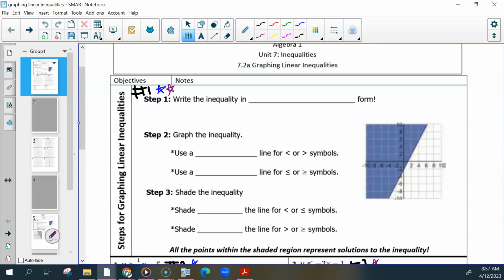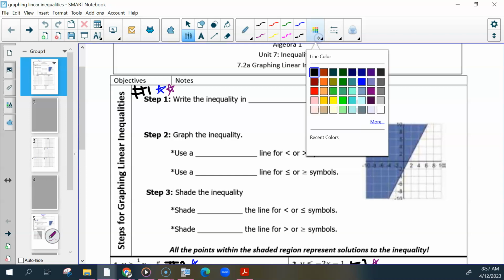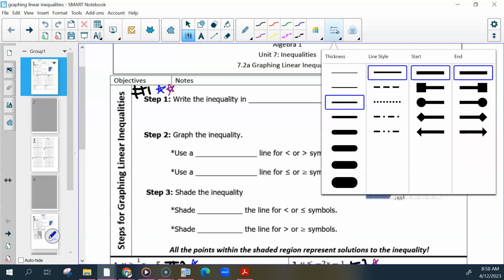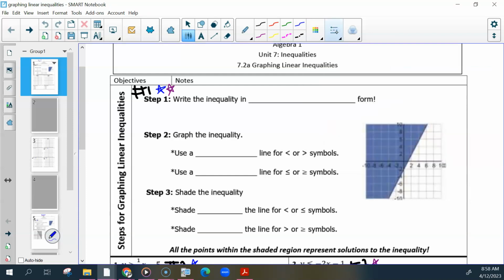So the steps for graphing linear inequalities is very much like graphing lines in general. So step 1, write the inequality in slope-intercept form. So if it's already there, you don't have to change it, but if it's not, you need to get it back in slope-intercept form, so that part's the same.